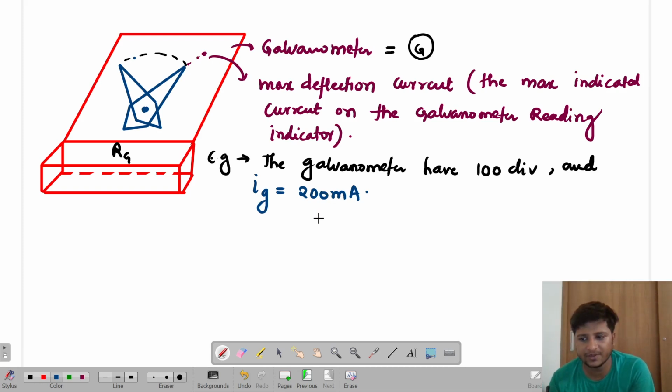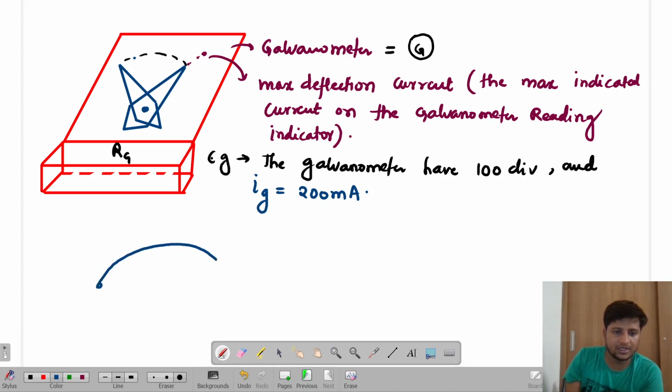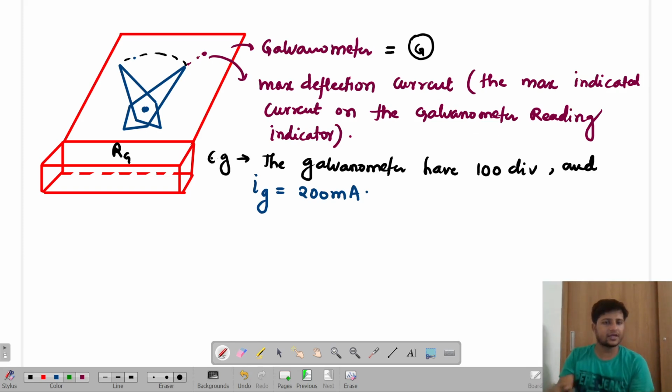Now this maximum deflection current is available at the last deflection, at the end. So that is the meaning of max deflection. That's what I'm writing: the max indicated current on the galvanometer reading indicator.